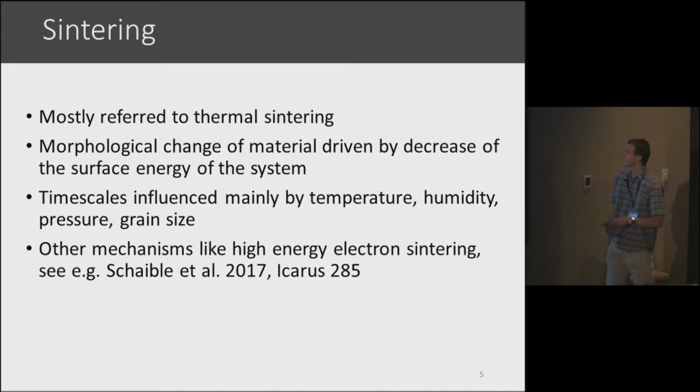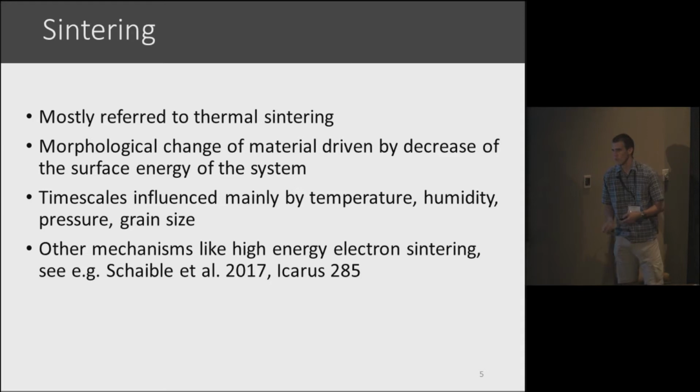So sintering is mainly a morphological change of material driven by the decrease of total energy of the system. The surface area of the system is decreasing, and thus the energy. The timescales are mainly influenced by the temperature, of course, by the pressure environment, by the humidity in the lab, and as well by the grain size.